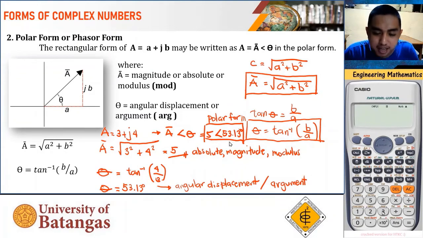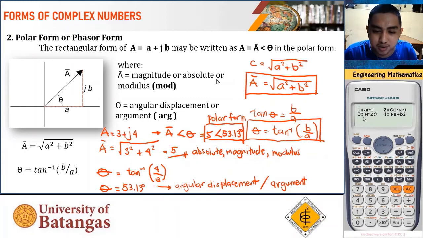Let's say itatype ko yung aking given, which is 3 plus 4i or J4. So, 3 plus 4i. Kapag ito ay dadalhin ko sa polar form, so, shift complex ulit.